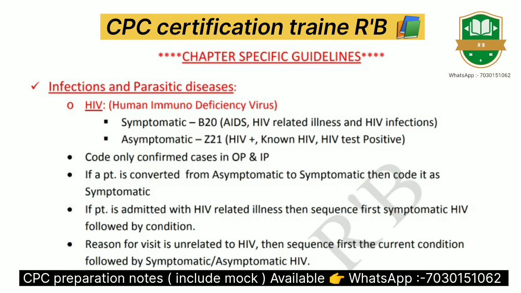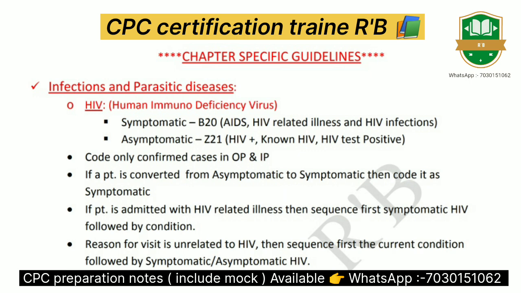In first point, HIV. HIV include HIV related illness, HIV infection. Then if they specify asymptomatic, then you can go directly to Z21. That is asymptomatic HIV and AIDS code.